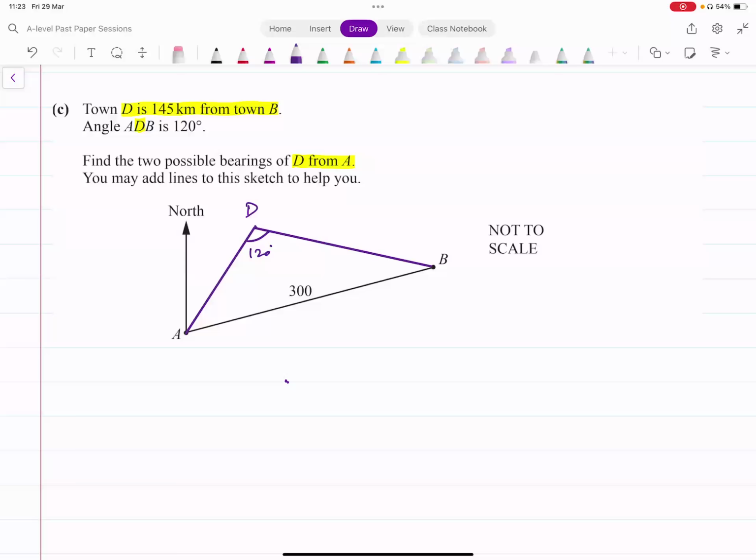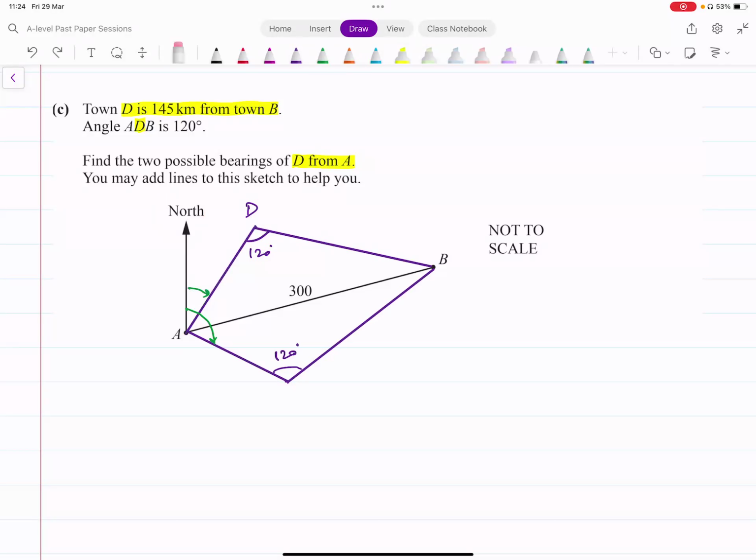Let's say that's here. It could be one of these two cases. What we want to find is the bearing of D from A. So north has to be at the point A. We are either looking for this angle or this angle, so we basically want both of these angles.